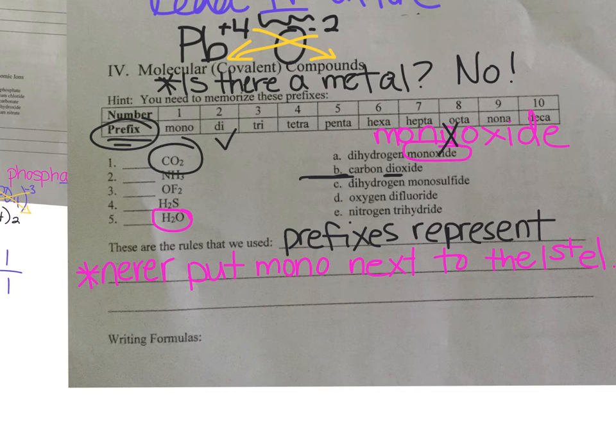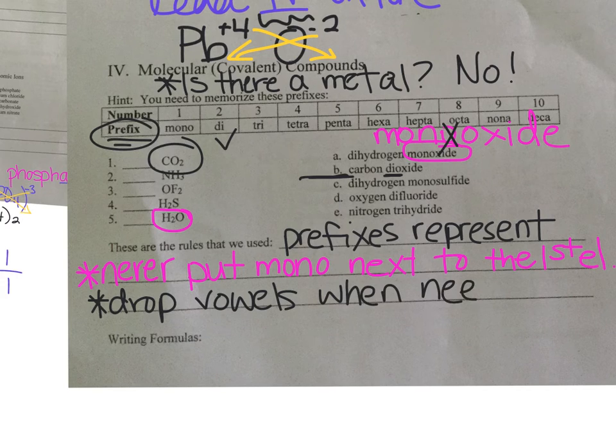An exception to that is you will have, and trust me, you guys will all ask me the same question as soon as I give you your homework page, I's, you leave them alone. So if I have triiodide, you leave those I's alone. But if you have monoxide, we say monoxide. So we just drop one of the vowels. So that's your other rule. Drop vowels when needed.